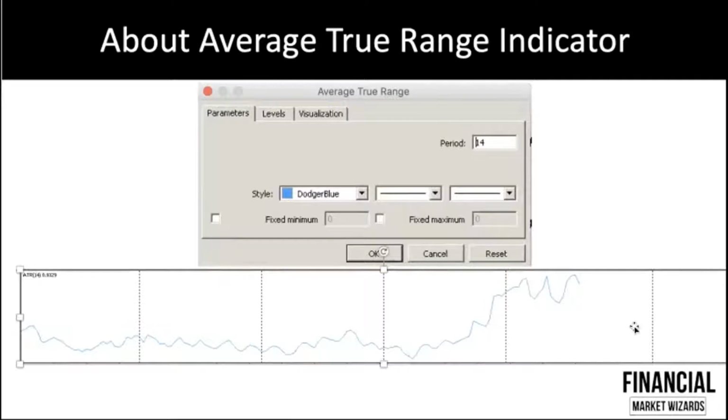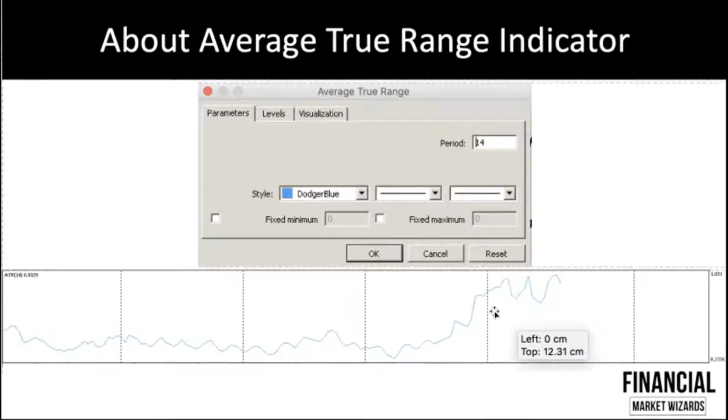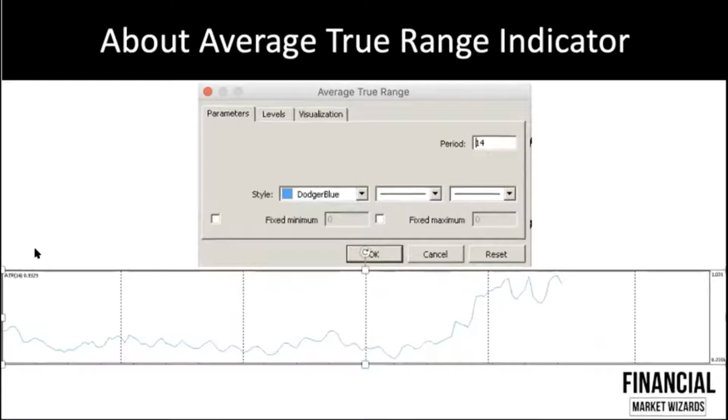Let me explain how this works. Here, you can see a number, 0.9329. This ATR is for the currency pair pound yen, GBP/JPY. So what does 0.9329 mean? It means that in the last 14 candles, the average range of a candle is 93 pips. That's how you read it.